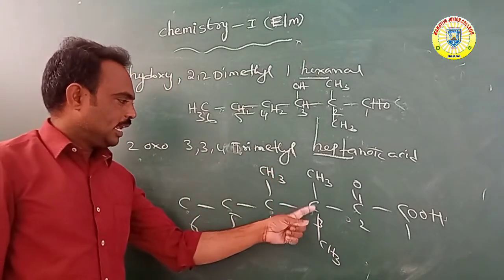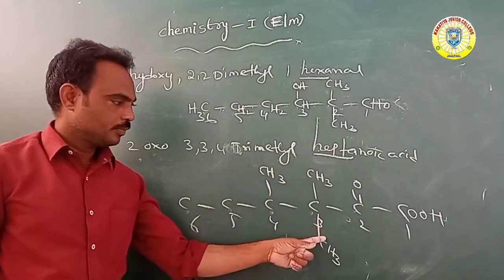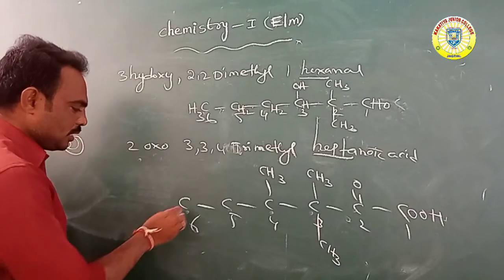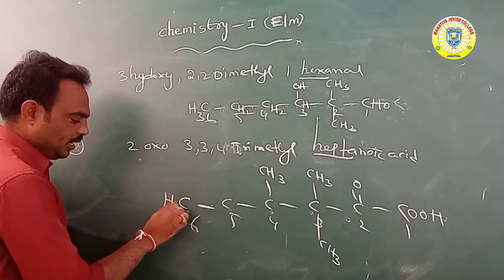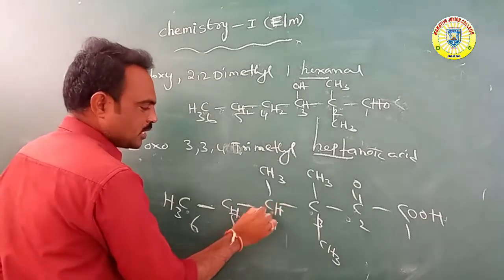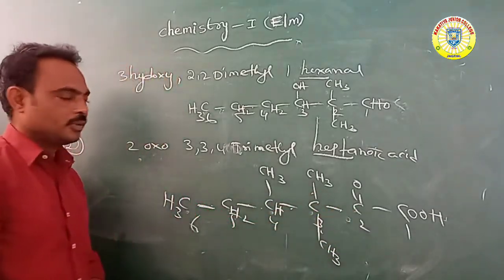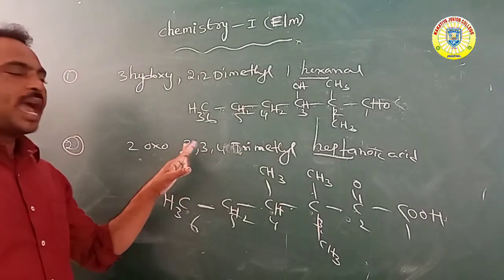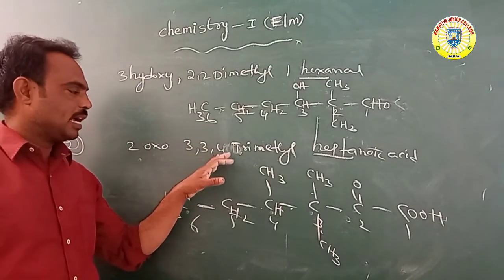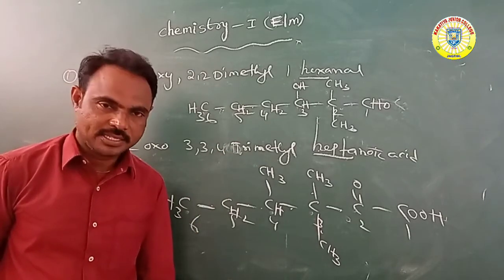So 3,3,4-trimethyl. Now we arrange the hydrogens: single bond H3, double bond H2, 3 bonds H, 4 bonds. So it is 2-oxo-3,3,4-trimethylheptanoic acid.